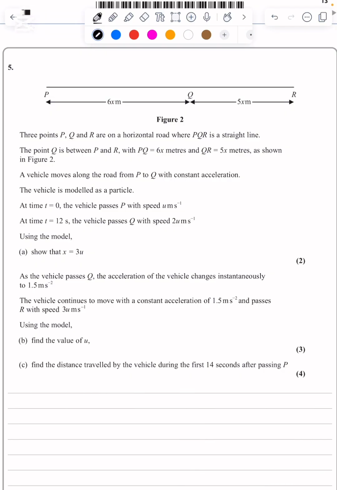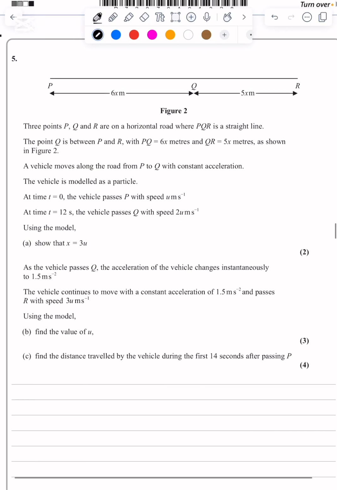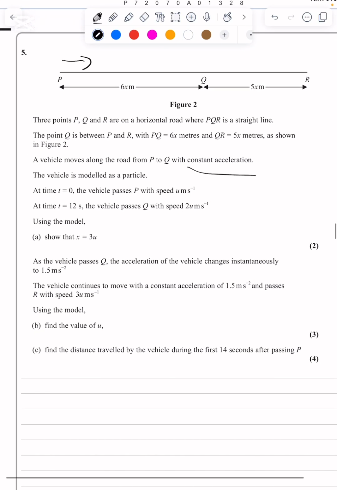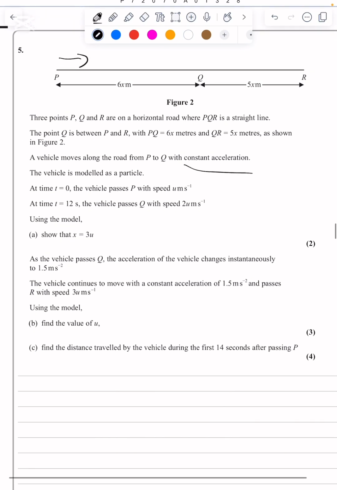The point Q is between P and R. A vehicle moves from P to Q. At time t equals 12 it passes Q, with constant acceleration, okay.